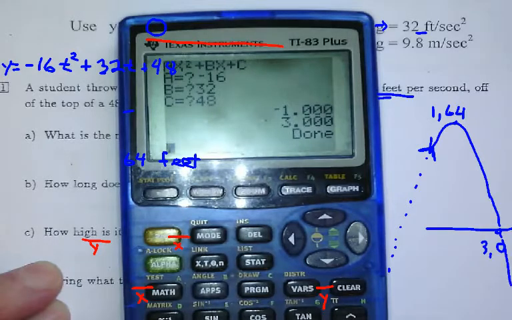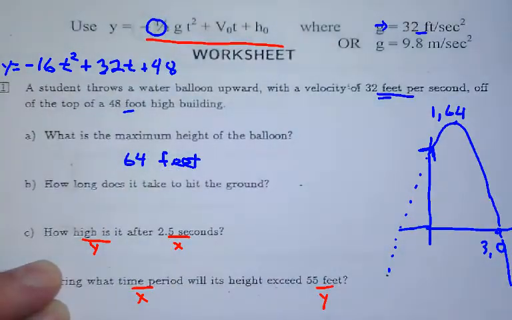This is the water balloon that we're throwing off the top here. It doesn't continue. It starts right here, and it stops right here. This negative x-intercept doesn't mean anything in our modeling problem. Okay? So 3 is the answer that we're looking for right here.